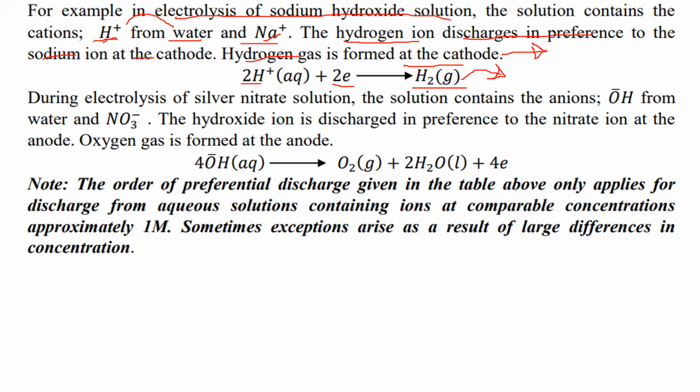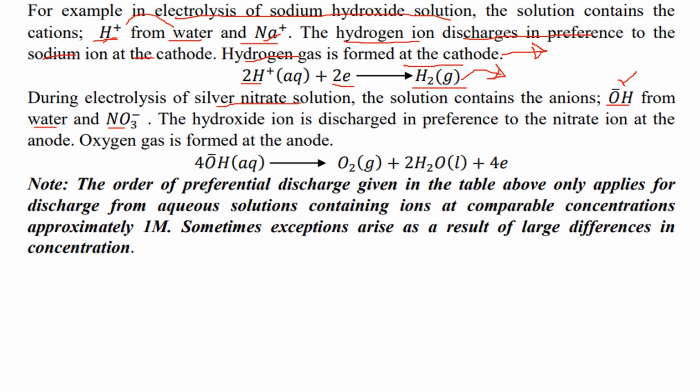If you look at the electrolysis of silver nitrate solution, the solution is going to contain anions of hydroxide. These hydroxyl ions come from water, and then the nitrate ions come from the silver nitrate. But remember, I told you that the hydroxide ion is always going to be discharged because it's lower than any other anion in the electrochemical series, provided other factors do not interfere, as we're going to see in the respective examples.